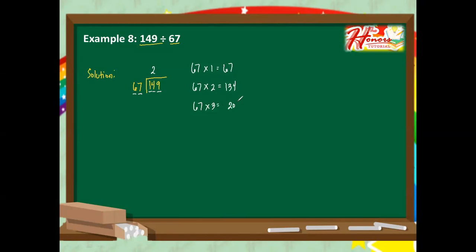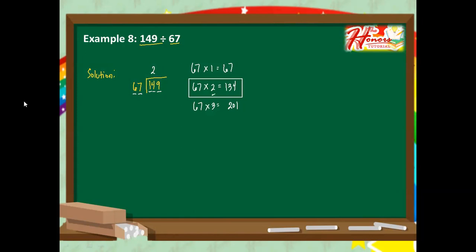Again, I don't have an exact value for 149 here. So I have to get the number which is closest to 149 but is not greater than 149. So I will be choosing 134. And then I get the number that is beside 67, and that's 2. So that's why we have here 2.